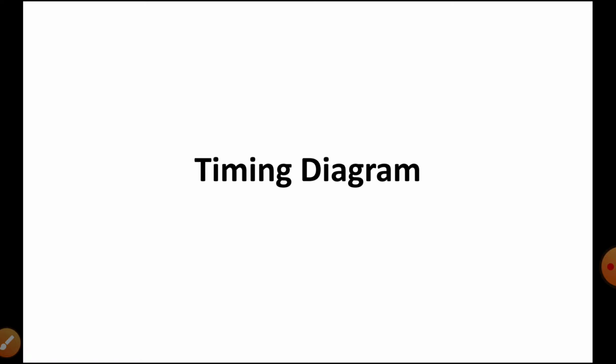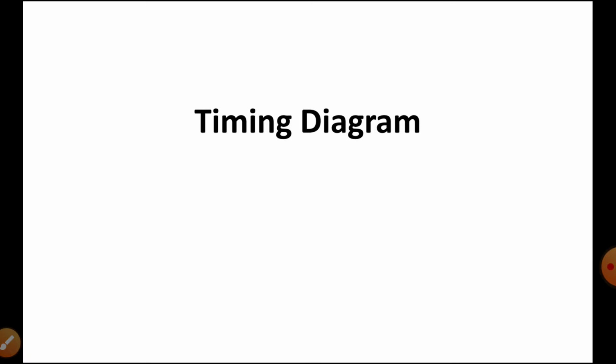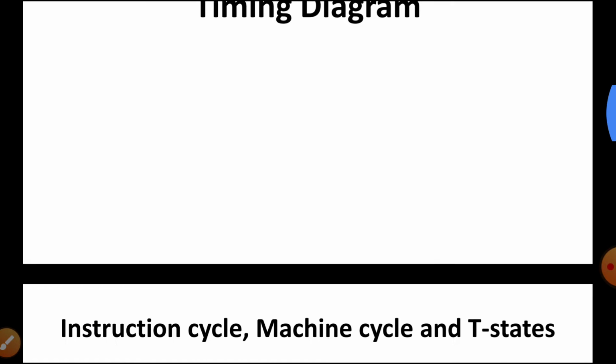So all these signals which are required for the execution of a particular instruction are represented in the timing diagram. You can say that it is a kind of representation which gives the information related to every aspect through which the processor has to go while executing a particular instruction.